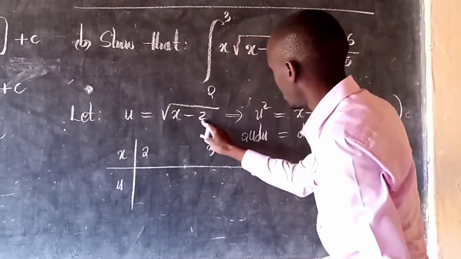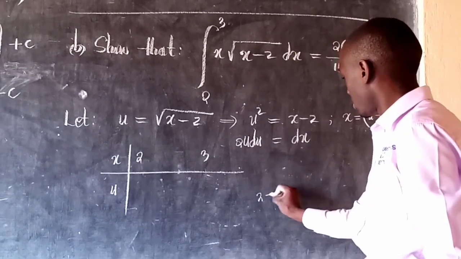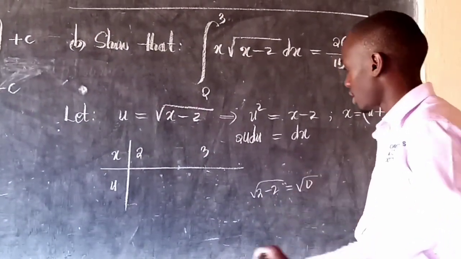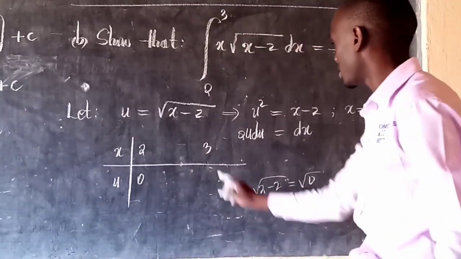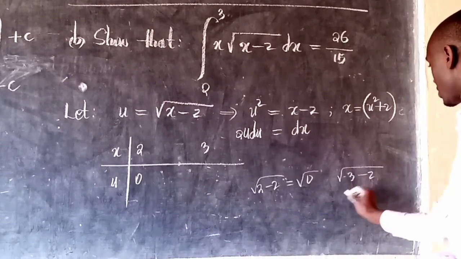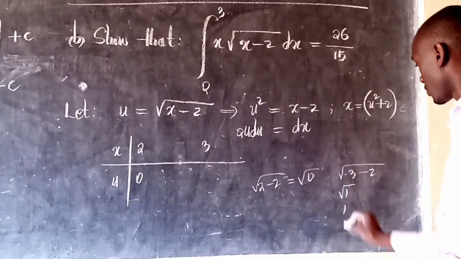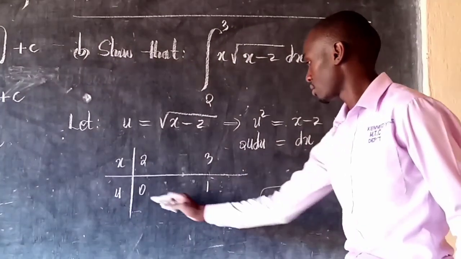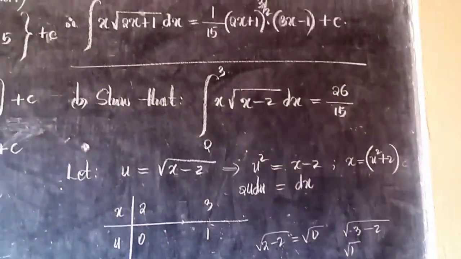x is 2, 2 minus 2 is 0, meaning I will have square root of 0, leaving u with a 0. Substitute 3, square root of 3 minus 2. That leaves me with the square root of 1, which is 1. Upper limit is 1, lower limit is 0.